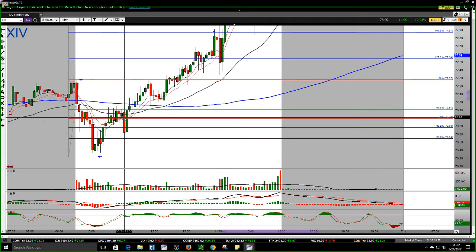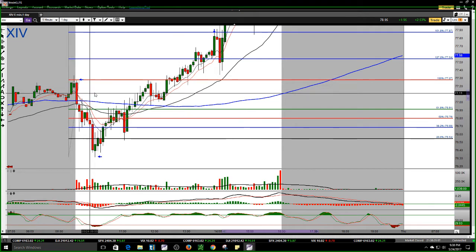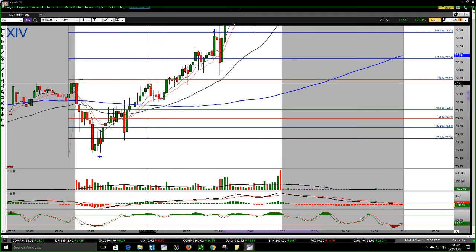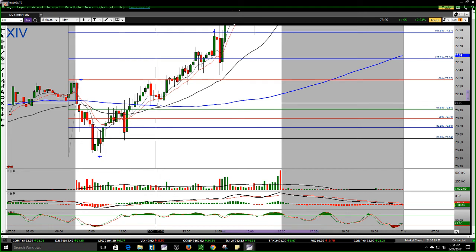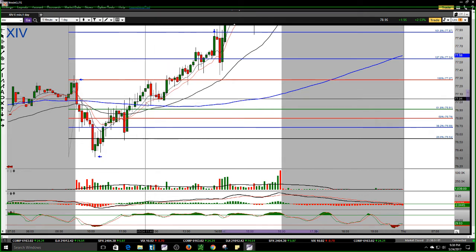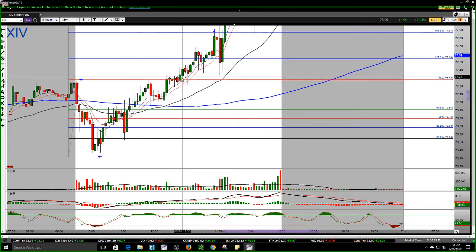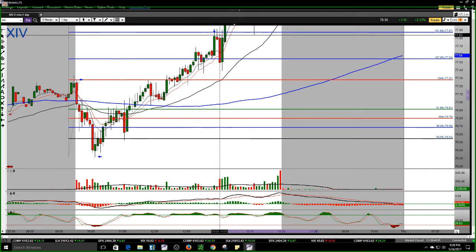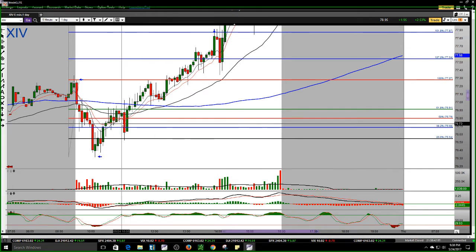So my long entry here, my move to the upside, my profit because of the double top scenario, my measured pulled back move for another add scenario. Take something off, break over to the top, monster size, money in the bank. So that would be a small projected move on XIV.